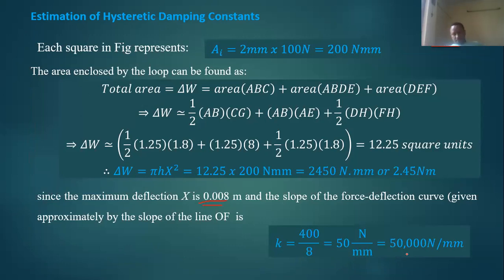Newton per meter. This is 50 Newton per millimeter or 50,000 Newton per meter, not per millimeter. 1 millimeter is 1 over 1000 meters, so that it is like this.